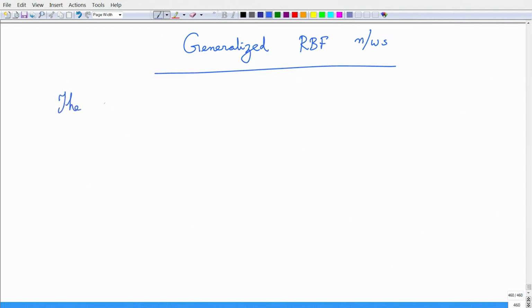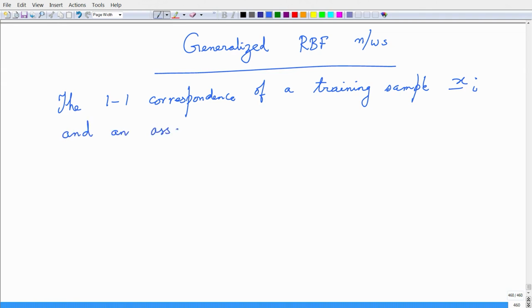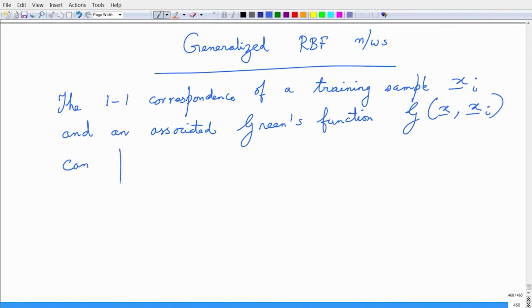Let me write this up. The one to one correspondence of a training sample xi and an associated Green's function g of x comma xi can pose many problems, particularly computing problems that involve both the computational side, that is evaluations, and memory as well.